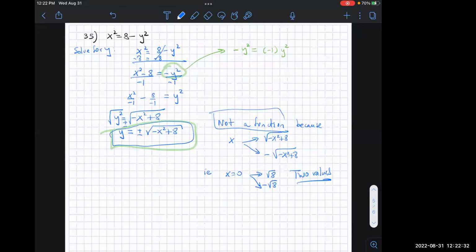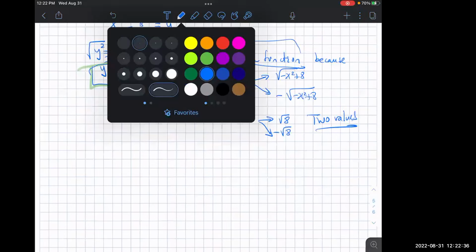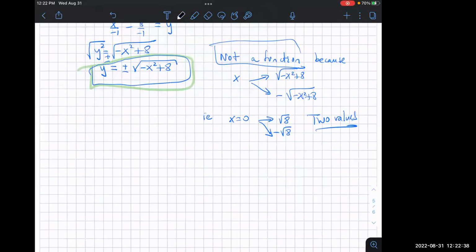Okay, let's look at another case. By the way, this is like a little preview of the absolute value. For example, what's the absolute value of 2? 2.